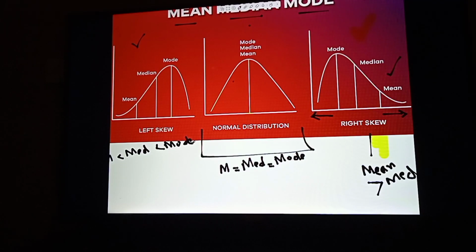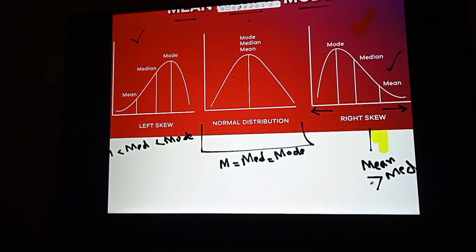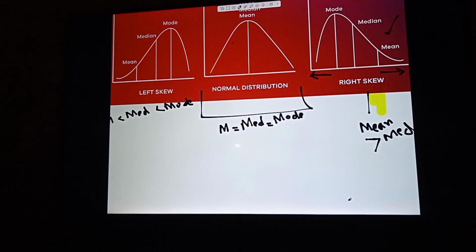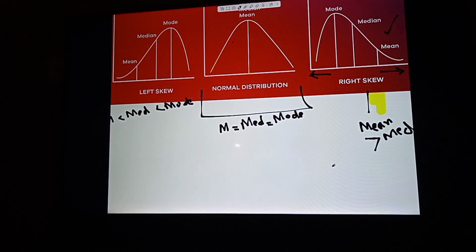And in the right skewed case, if you include the mode, then mean is greater than the median, and median is greater than the mode.